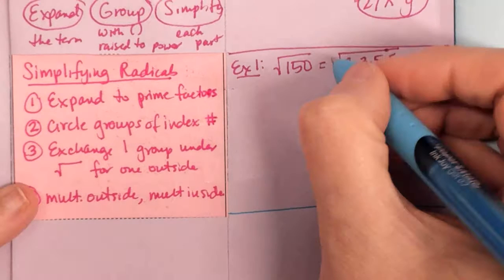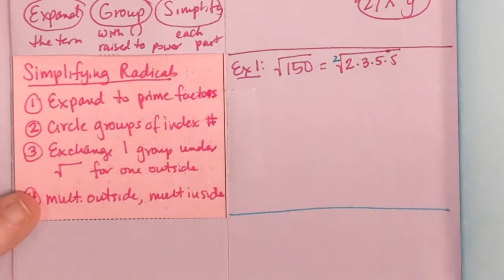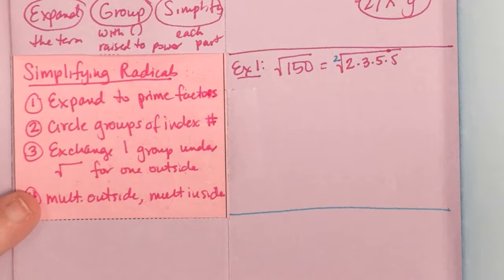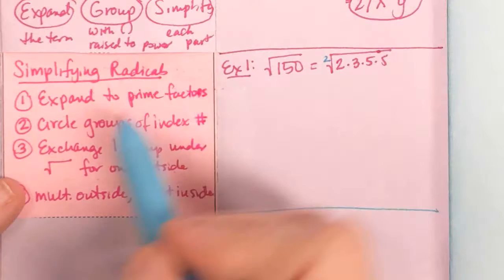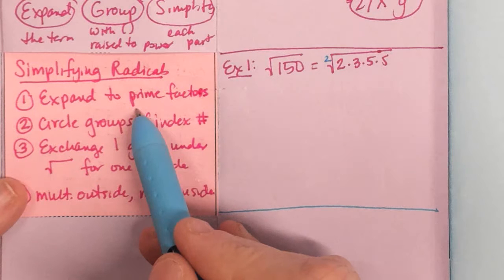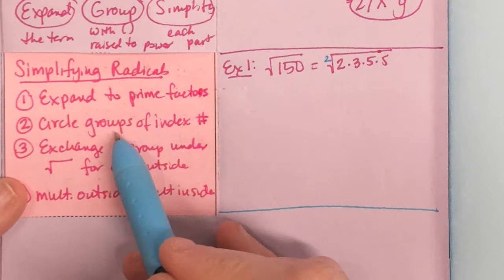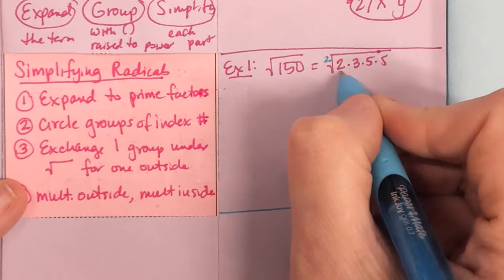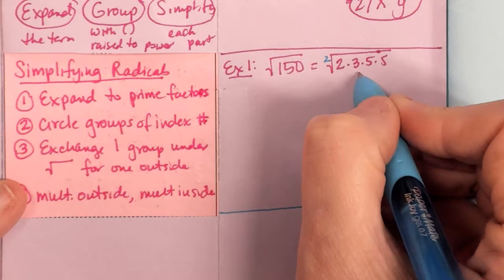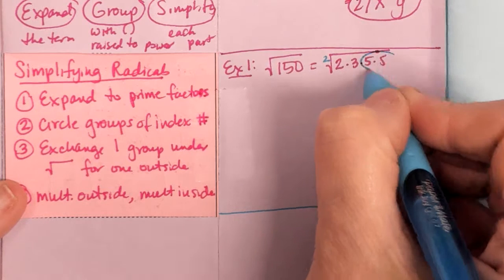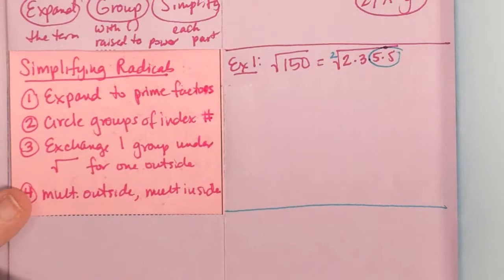Whenever you're doing this, I want you to always write the invisible root so you know what you're grouping it in. So I expanded to prime factors. That was step 1. Now I need to circle groups of the index number. Well, 2 doesn't have a partner, 3 doesn't have a partner, but 5 is part of a pair, so I can circle those 2 5s.